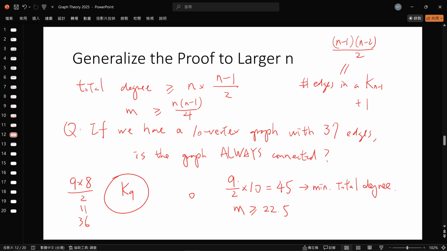So under the assumption that the minimum degree is at least (n minus 1) divided by 2, we can conclude that we have at least this many edges. But if we only have this many edges, we cannot guarantee a connected graph. In other words, we cannot extend your idea to graphs with more vertices.